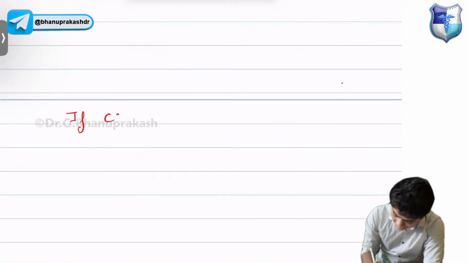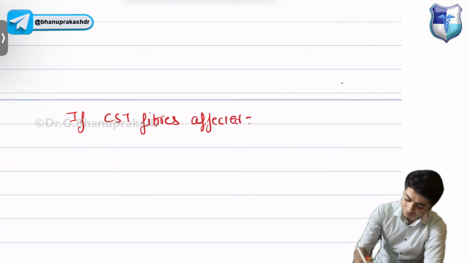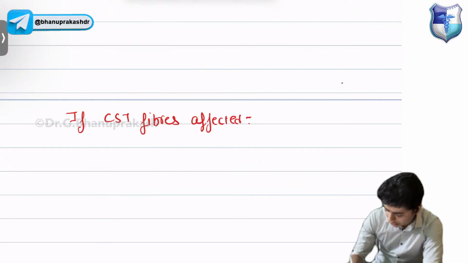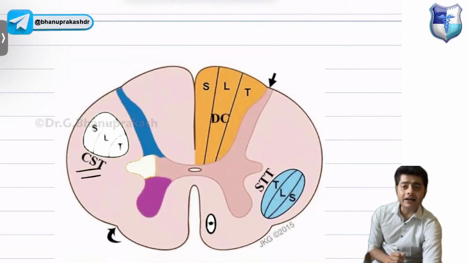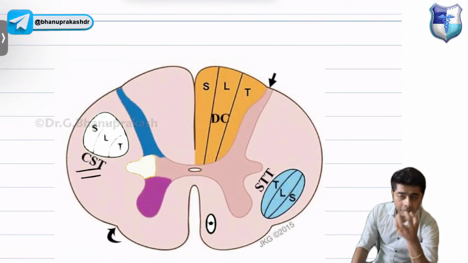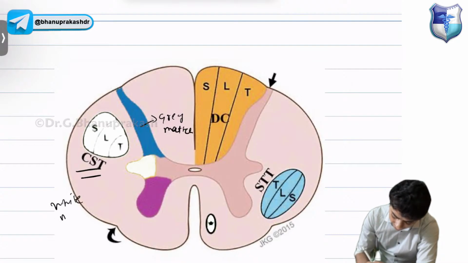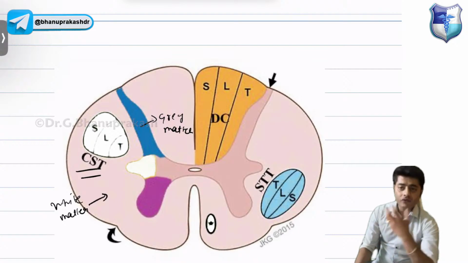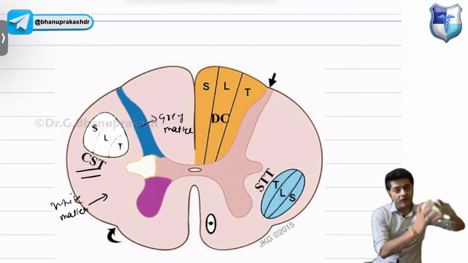If CST fibers are affected, see this diagram, your corticospinal tract passes through the lateral column of the spinal cord, which is white matter, because in the spinal cord gray matter is present inside, but white matter is outside.